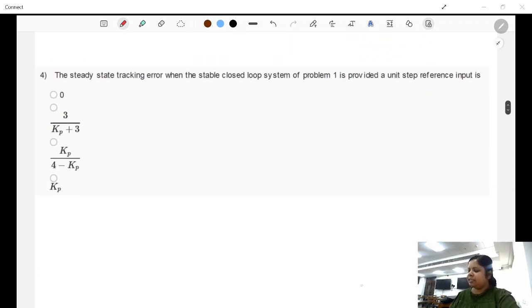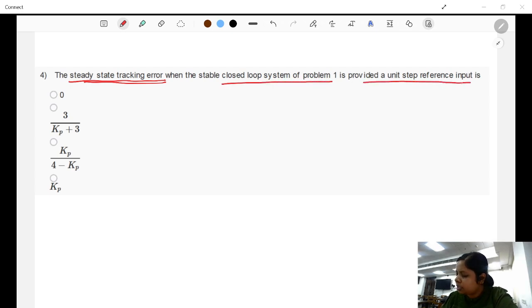Then the steady state tracking error when the stable closed loop system of problem 1 is provided with a unit step reference input. What is the steady state tracking error? It is 1 upon 1 plus Kp. So 1 upon 1 plus, not Kp, it should be Kpe rather.